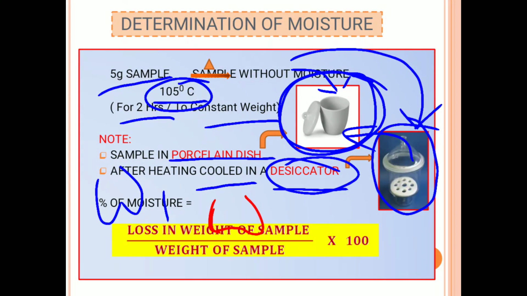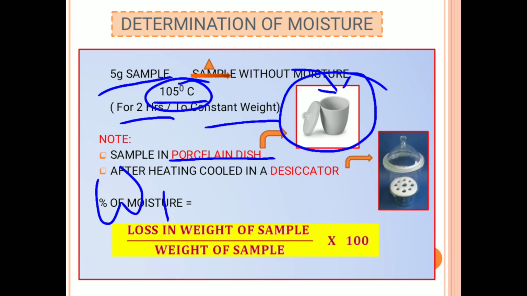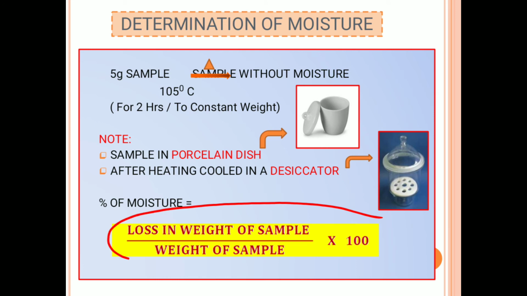Then W1 minus W2 will give the information about the moisture content which is present in the iron ore. So, if you wanted to calculate the percentage of moisture, then you can use this formula, which is loss in weight of sample due to loss of moisture by weight of sample into 100. So, with this formula, you can calculate the percentage of moisture.